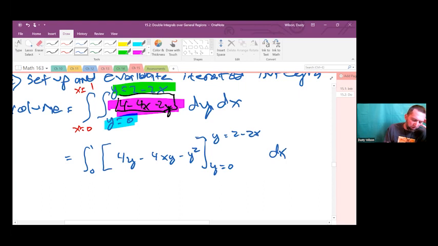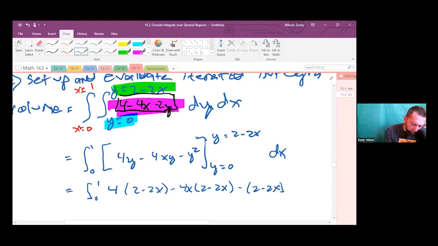If we put in y equals 0, everything is going to come out at 0, so that part's nice. So we have the integral from 0 to 1 of 4 times (2 minus 2x) minus 4x times (2 minus 2x) minus (2 minus 2x) squared, all that jazz, dx.